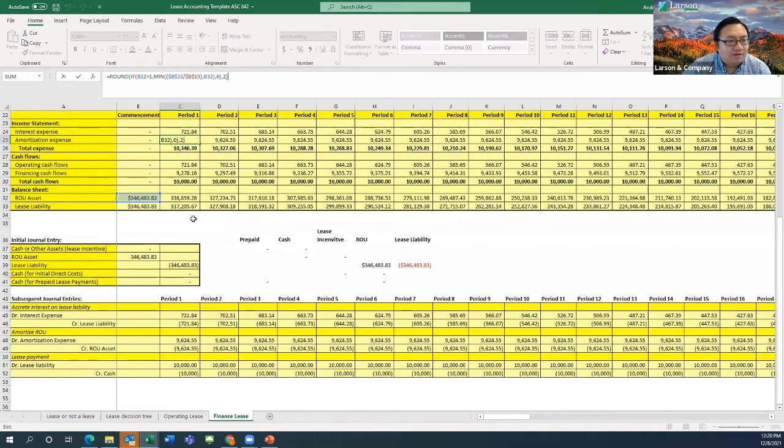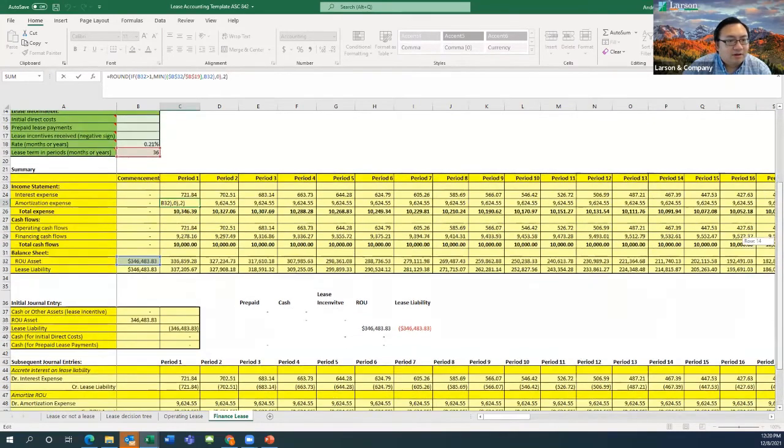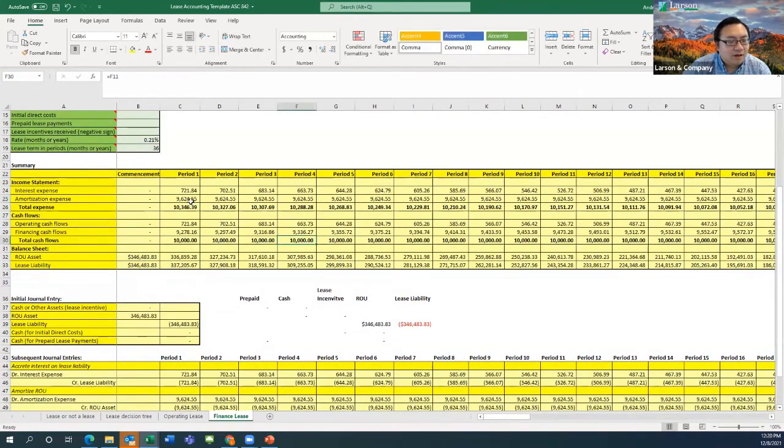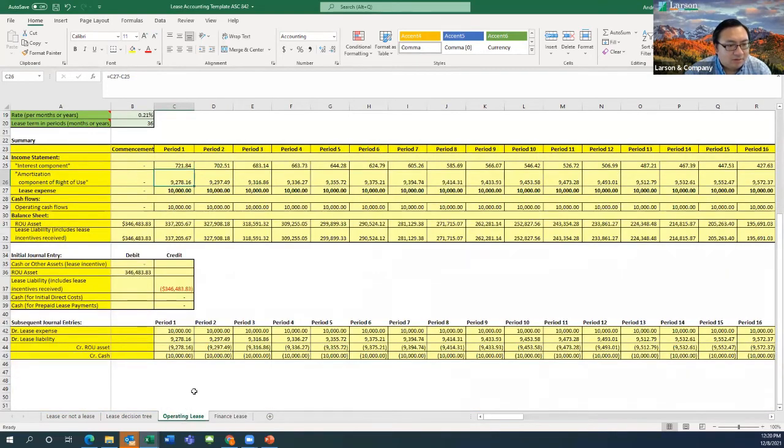The right of use assets are straight-lined over the life of 36 months, and then the interest piece uses the interest rate. So that's a big difference between the operating lease and the finance lease, is how the differences will flow through the P&L.